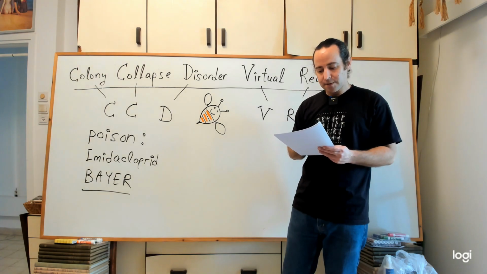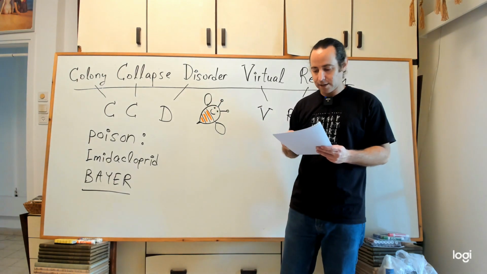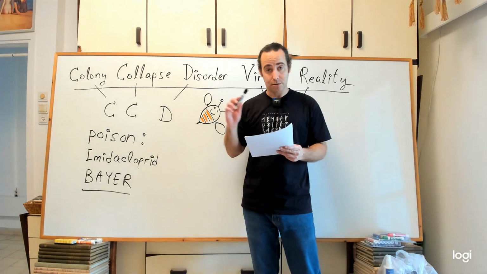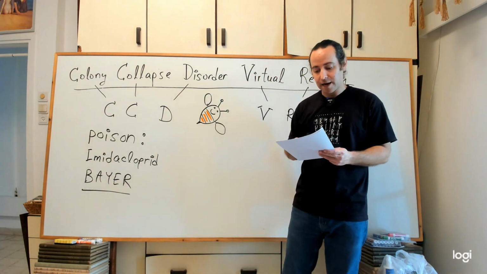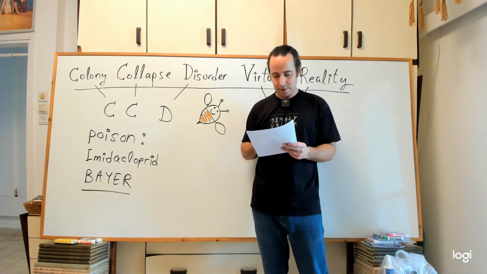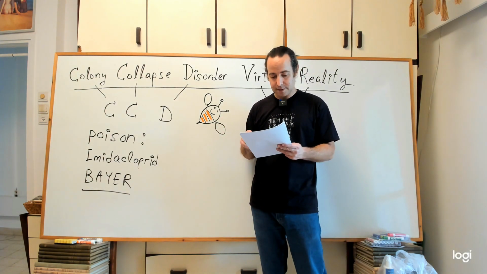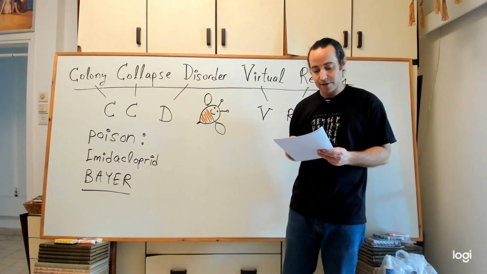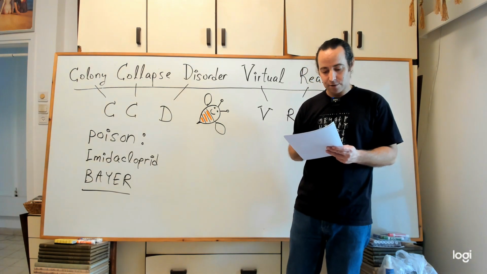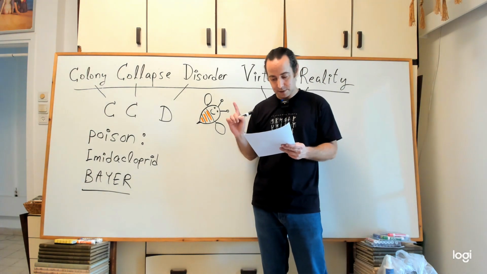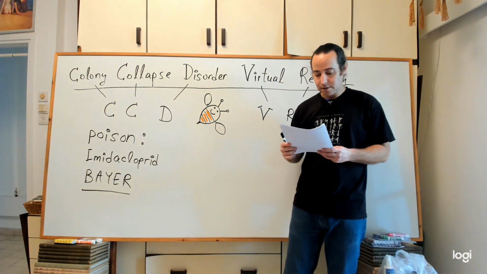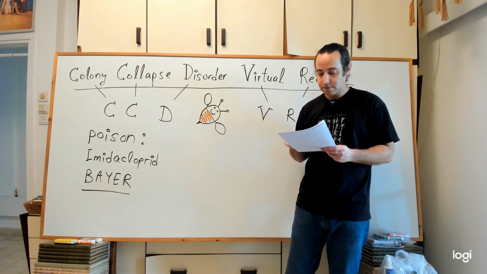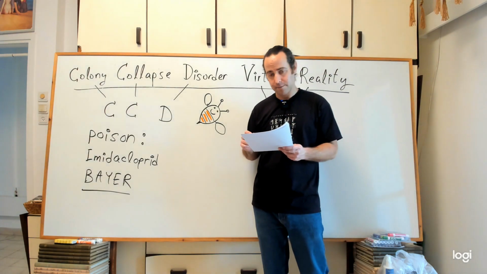What happens in colony collapse disorder is that the bees get lost or disappear and die from the poison, while the bees that stayed in the hive die from starvation. But even if they could come back, we don't want the poisoned bees to come back inside the hive, because then they will feed poison to the young ones and the queen.